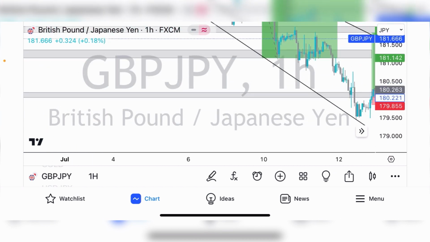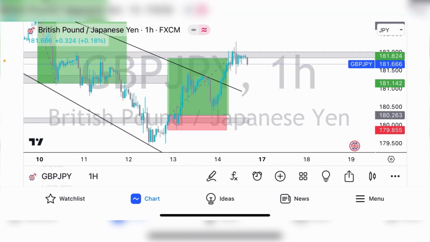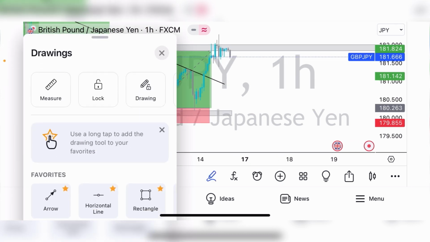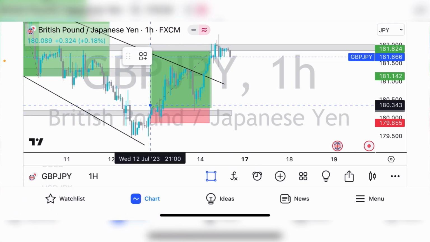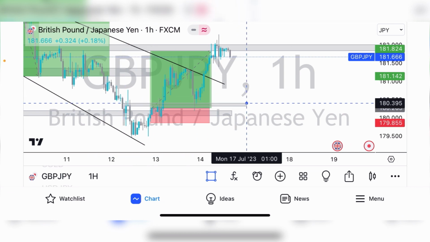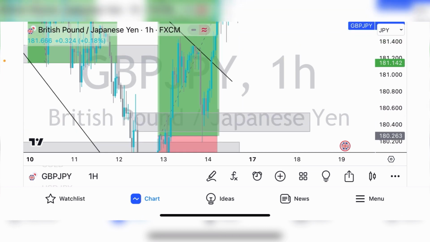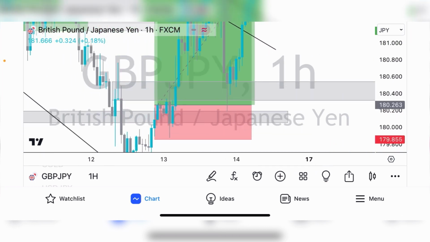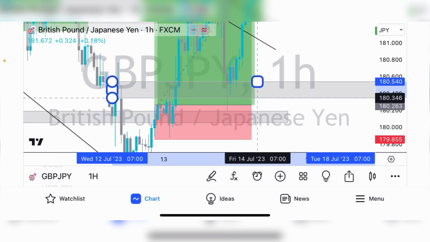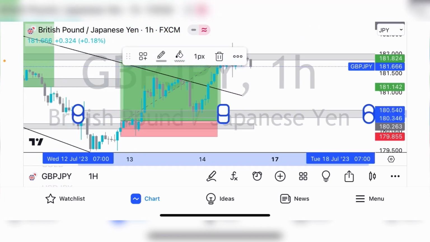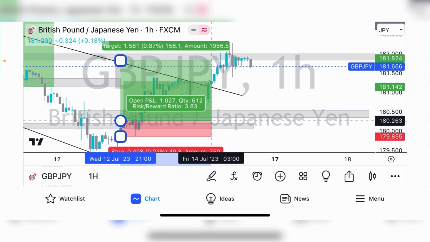So what I think here is that, as you can see around here where I previously took my profit, where I had this trade, there's actually this support and resistance price area around here. This is an already taken trade, so don't let it disturb you.